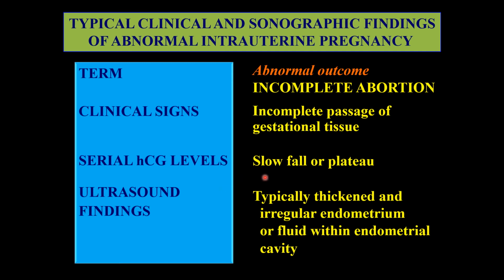Beta hCG will fall, but it will be a slow fall or plateau. Typically, thickened and irregular endometrium or fluid within the endometrial cavity is seen. So it will be irregular endometrium. We can find some blood or fluid in the endometrium, which shows that there is some part of the gestational sac or the tissues there.